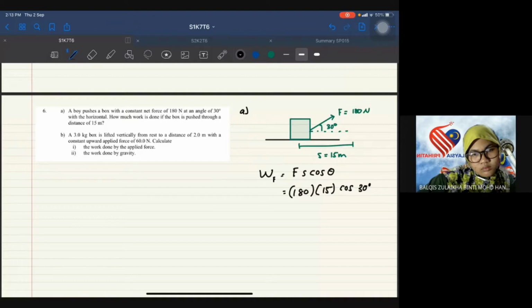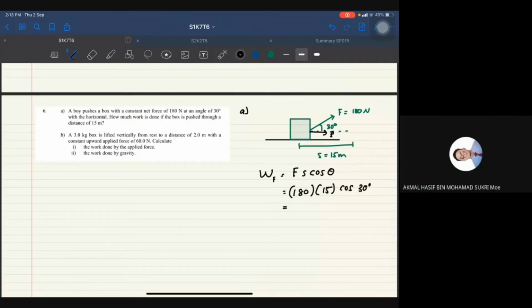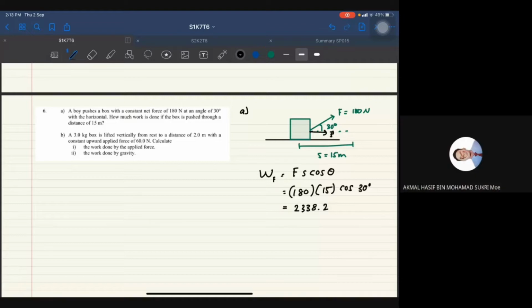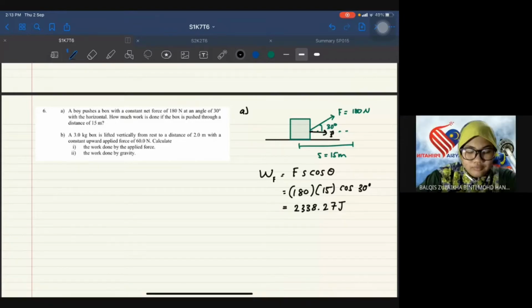The angle is between F and S. Your S is in this direction, so 30 degrees. How much do you get for this one? 2338.27. Good. The unit will be joule. Don't forget to write joule.